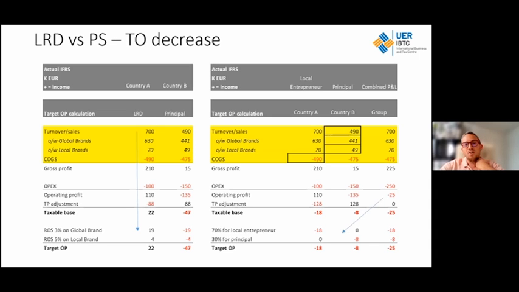But in case of a decrease of turnover, you see that the LRD does not take this risk into consideration, because all the risks are with the principal. So in case of pandemic problems, as we had, but in any case when we see a decrease of turnover, for sure, the impact is 100% on the principal.